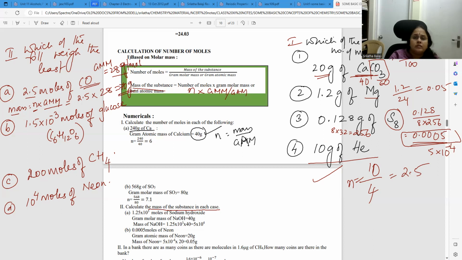Next. 1.5 into 10 power minus 3 moles of glucose. So find the gram molar mass of glucose. And please remember this. Whatever chemical formulae or substances I'm giving in this chapter are very, very useful. You will find a wide usage of them in this chapter as well as in class 12.